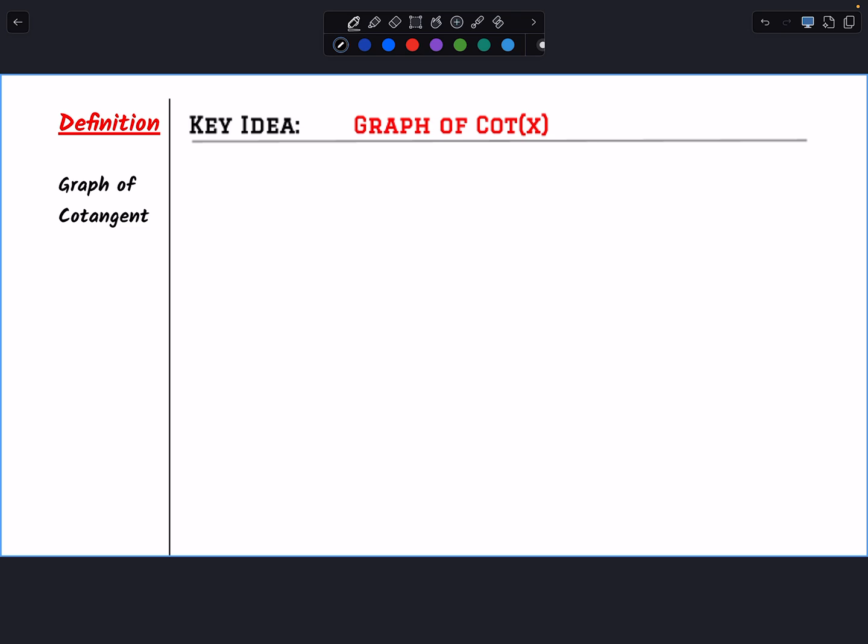So write this down with me, guys. We can graph y is equal to the cotangent of x by remembering that cotangent of x, remember cotangent and tangent, what's the relationship?